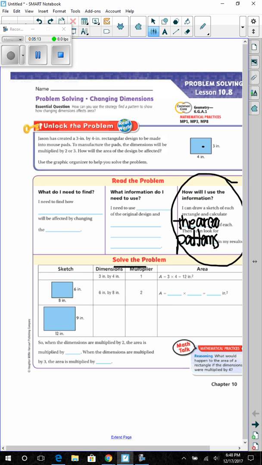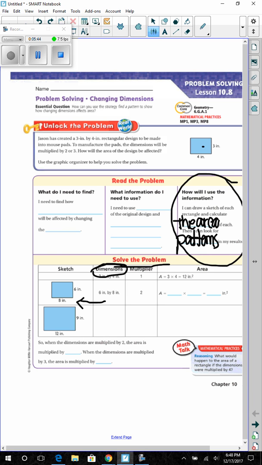Solve the problem. Sketch. 6-inch by 8-inch rectangle. Dimensions: 6-inch by 8-inch. So this part here is telling you the dimensions of this sketch. This is the original rectangle that we are going to use.